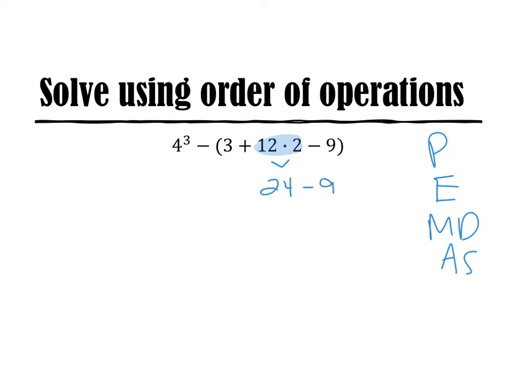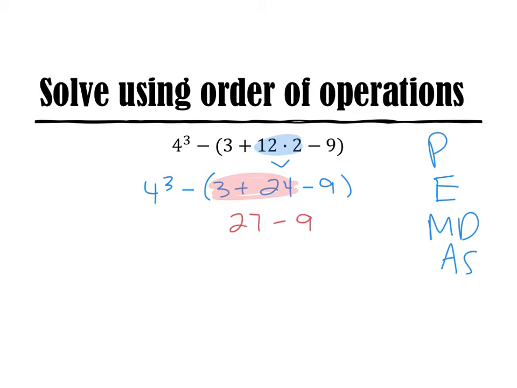And then we're going to bring down everything that we did not use in the right order. Okay, we still have to work in our parentheses because we still have some numbers there. So next, we don't have any more multiplication and division, but we do have some addition here. So that's going to be our next step, which is 24 plus 3, which is going to give us 27.